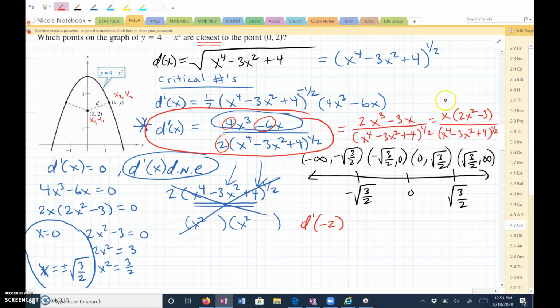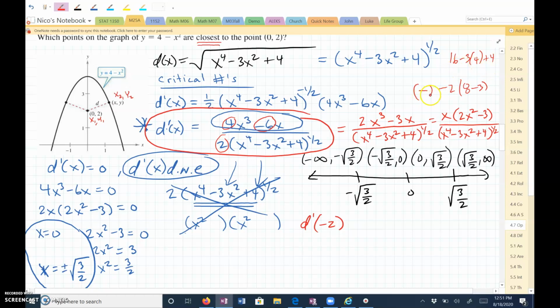Okay, so if you plug in -2, this is going to be -2 here. This is going to be 8 minus 3. So the numerator here would be negative. The denominator, let's see, this is going to be 16 minus 3 times 4 plus 4.